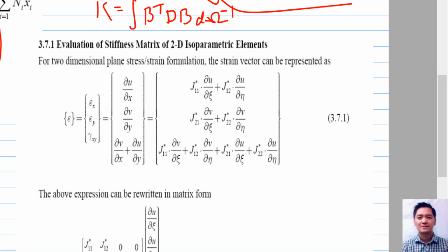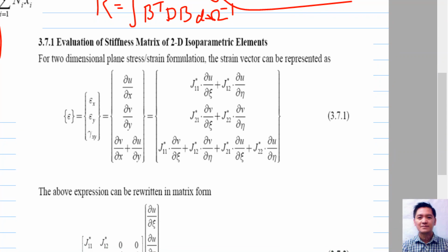For two-dimensional plane stress formulation, yung strain vector natin is ito, no? Strain x, strain y, saka yung shearing strain na xy. And we know from elasticity that strain x is du dx, strain y is dv dy, and shearing strain xy is dv dx plus du dy.